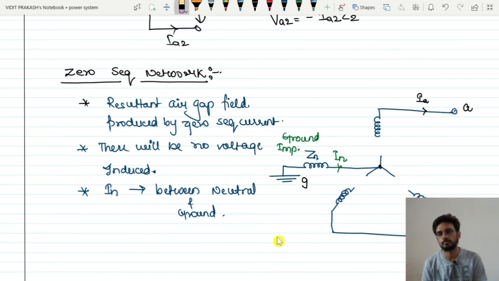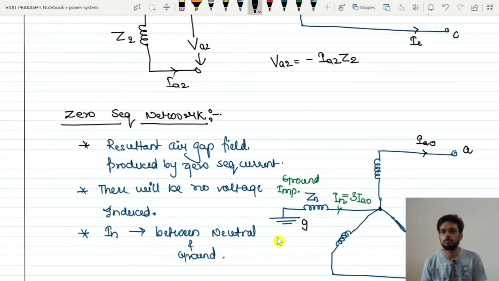Current IN will flow from neutral to ground, that is 3 IA0, and this will be IA0, your zero sequence current, and this will be your zero sequence impedance.